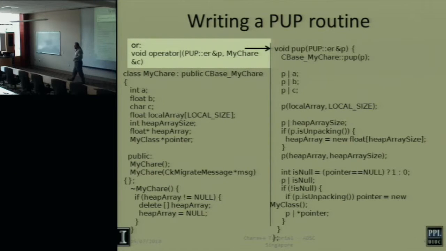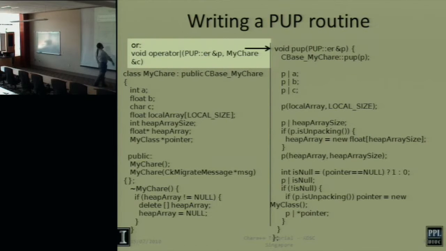Whenever sizer, pack, or unpack is called, it will know the correct way to serialize these simple primitive member variables. For the simple local array, you can just pup the type and the size, and it will give you a local copy on the stack.